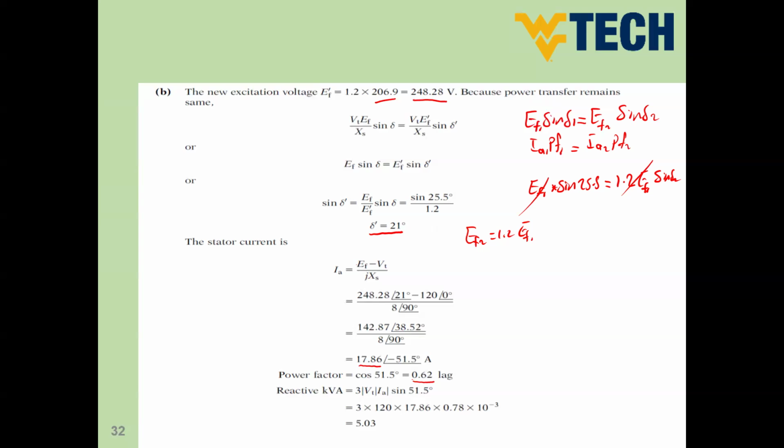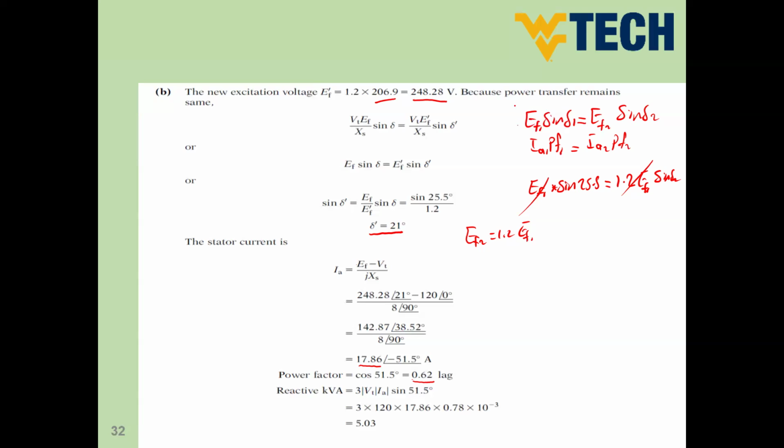When we change or increase the excitation by 20%, what happened to the power angle? So the power angle was 25. The power angle now is 21. Why did this happen? Because as you can see, we have constant power operation.